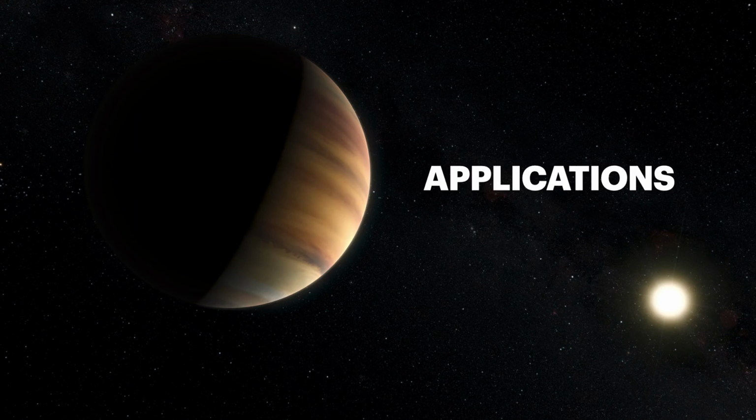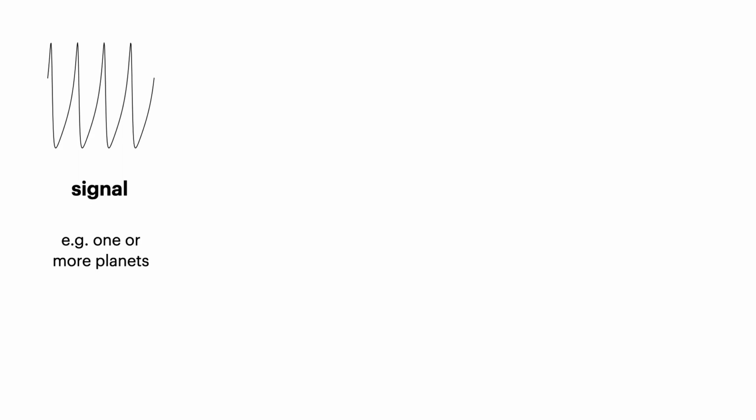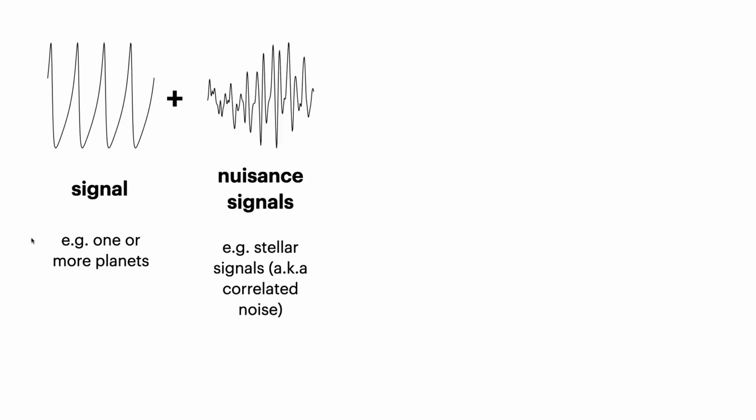Right, now we're ready to consider some exoplanet-related applications of GPs. I won't go into very much detail, but I hope I'll be able to give you some sense of how versatile and powerful GPs are. In general, when we make astrophysical observations, there'll be one or more signals we're actually interested in, say planets buried in RV data.